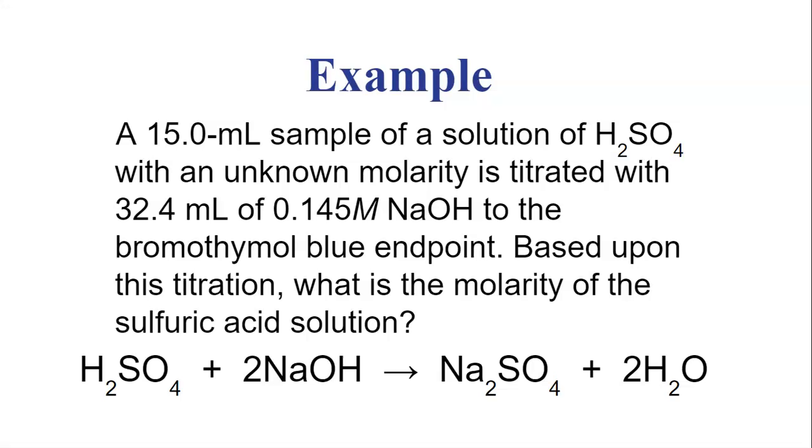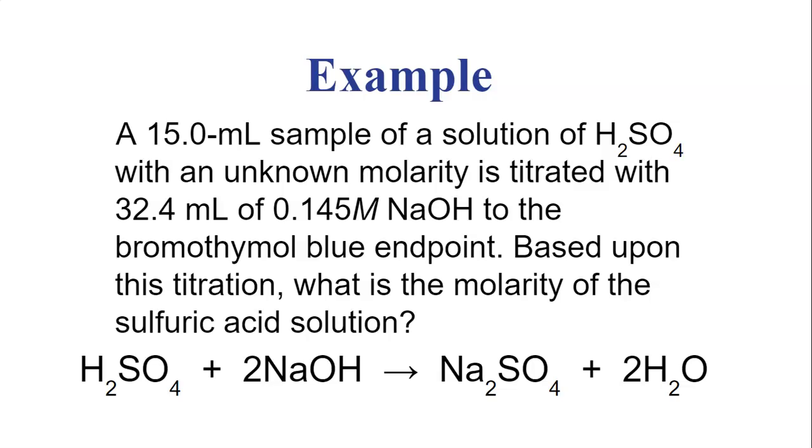So I have a problem for you to work through. If I have a 15 milliliter sample of a solution of sulfuric acid, which is what H2SO4 is, of an unknown molarity. So my sulfuric acid has some molarity that I don't know. I'm going to do a titration with 32.4 milliliters of 0.145 molar sodium hydroxide. So my acid is unknown, my base is known.